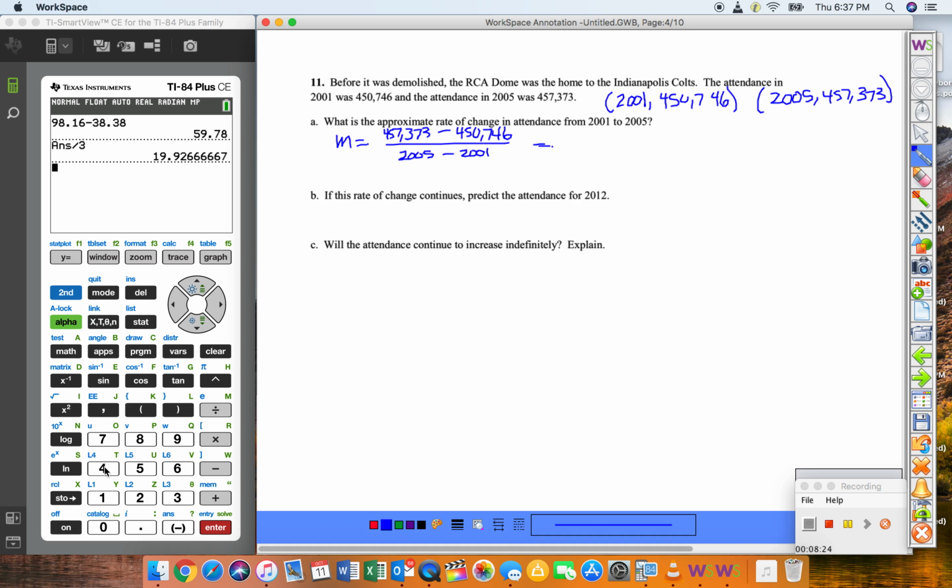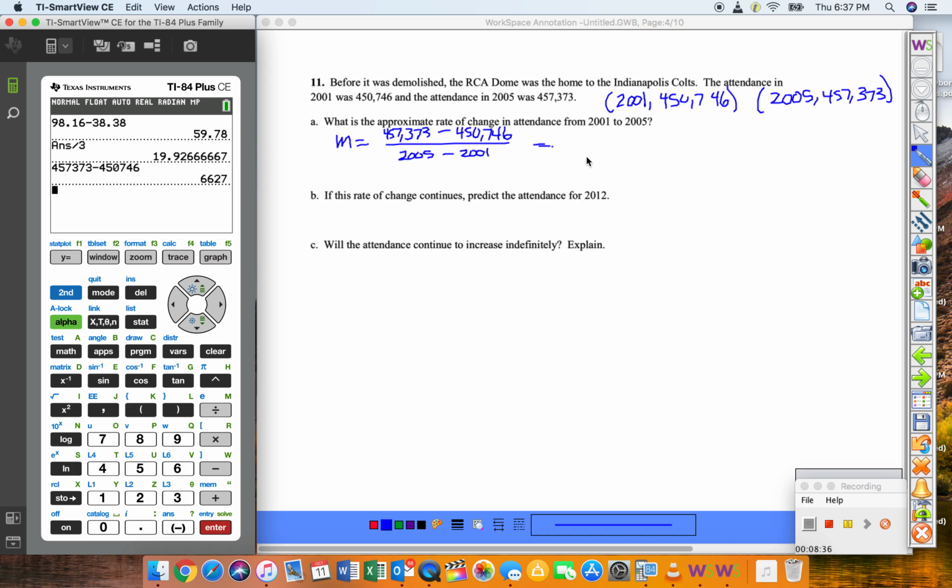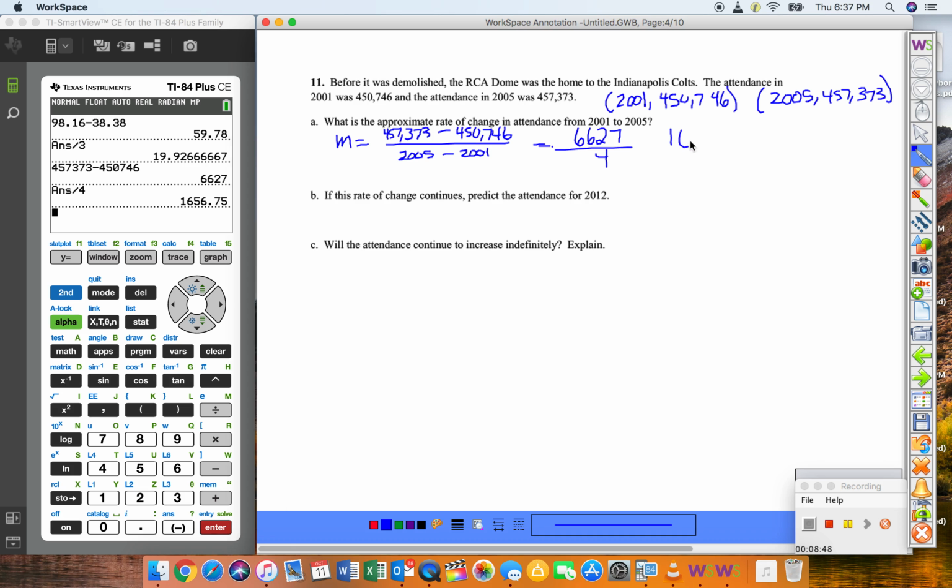So we go to the calculator, 457,373 minus 450,746, and that's 6,627 over 4. So since they want a rate of change, we'll divide it by the actual 4 and see what's going on. So that is 1656.75. Then we need to throw the label in there.